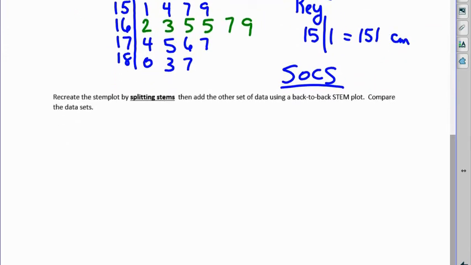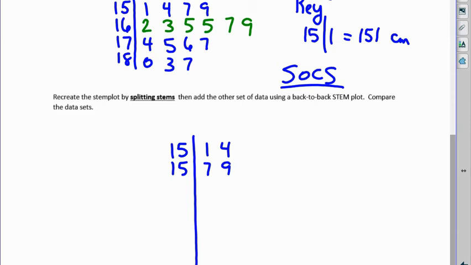Okay, now I'm going to split the stem. And so basically to split the stem, you're splitting it into the groups of 0 to 4 and 5 to 9, sort of in the direction of what you'd do for rounding. So I take my stem and I just go 15, 15. So the 1 and the 4 go in the first group, and the 7 and the 9 go in the second group.